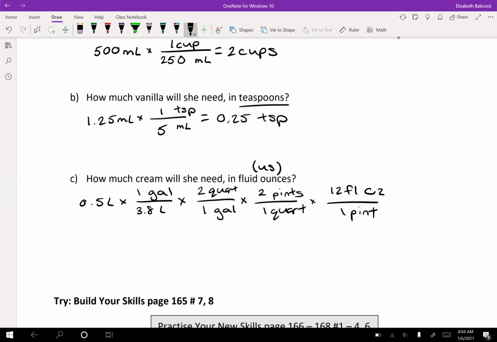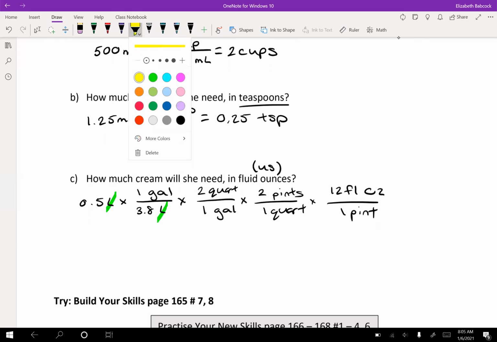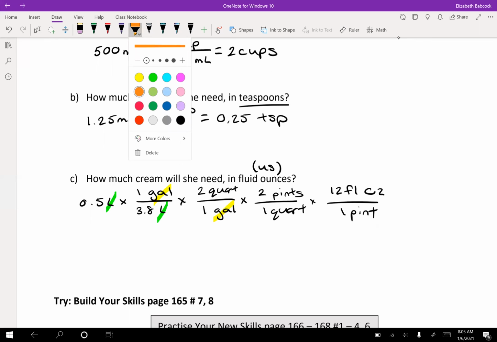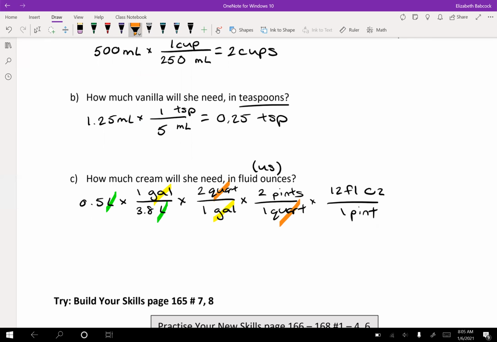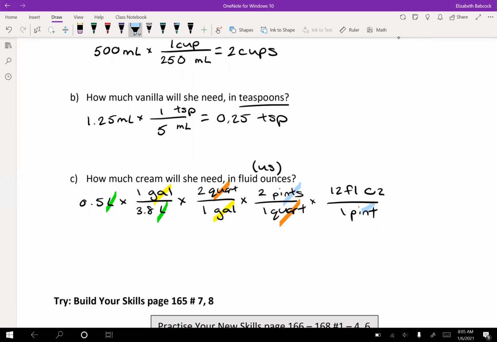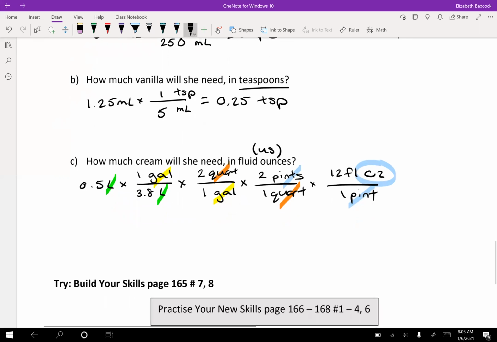What I have done, and how I'm able to do it all at once, is I notice that I have a 1 here and a 1 here, and then the next ones. As long as they're on the top and the bottom, they cancel out, and all we're going to be left with is our fluid ounces. So anytime there's 1 on the top, you are dividing by your bottom number.